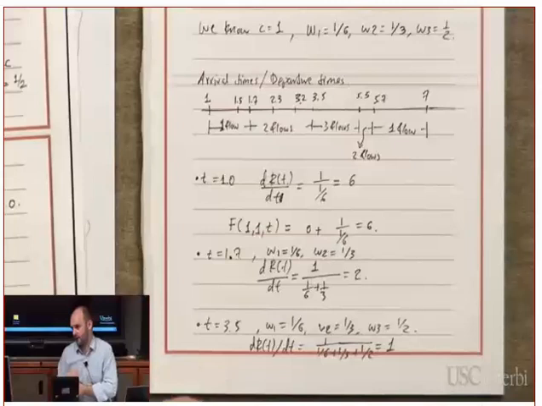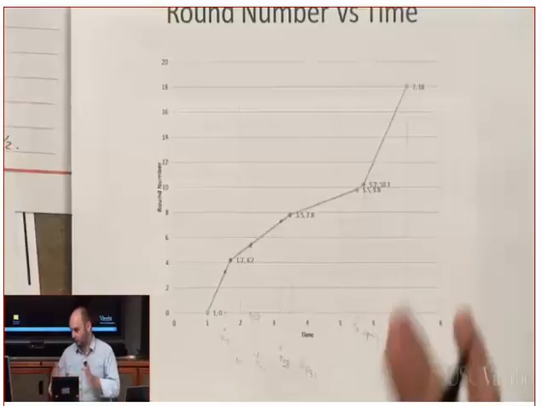Does this make sense? This is just to find the VT from the graph. Anything more than that is basically the slope, okay?